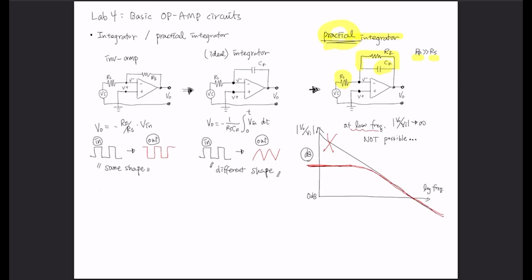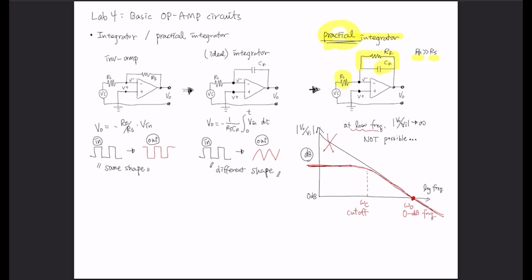We can identify there's going to be a cutoff frequency where the curve starts to bend, and an interesting point is that there is a frequency called the 0 dB frequency, which was covered in the lecture. This is the cutoff frequency, and this is the 0 dB frequency.